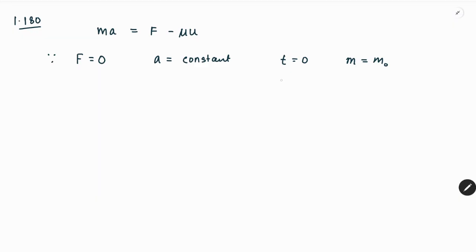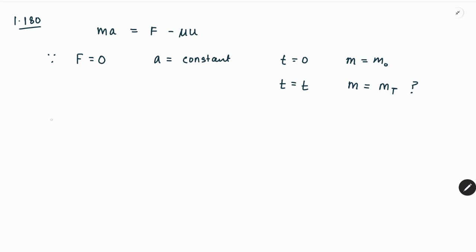That is, we need to evaluate what is the mass at a time t. So at a time t, if the mass is suppose m t, we are asked in this problem to determine this m t.